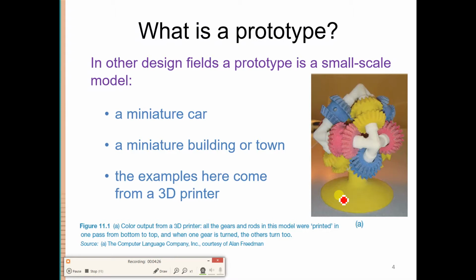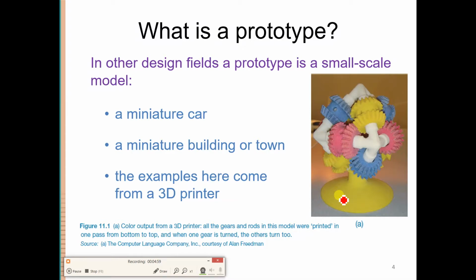If we are creating some other thing, for example some artifacts, then a prototype is going to be a small model of it. And in the field of civil engineering, if there is going to be a building, then a miniature building is going to be the prototype. This can be made from plastic or from wood, so the users or the customers can see it and get an idea about the product.